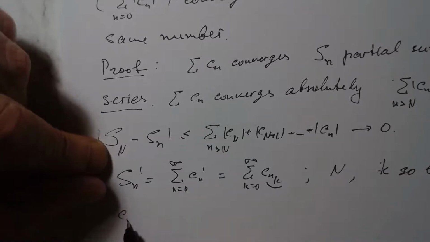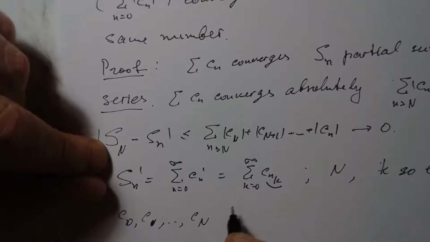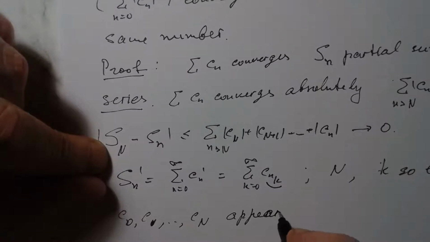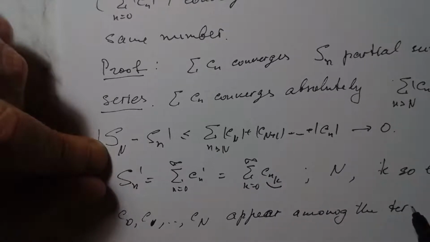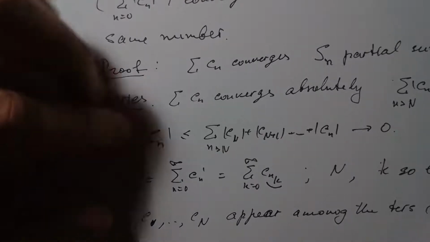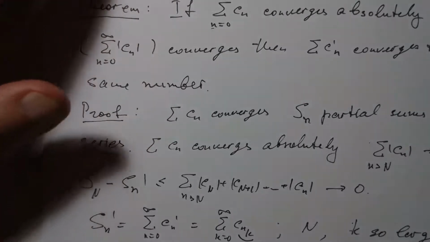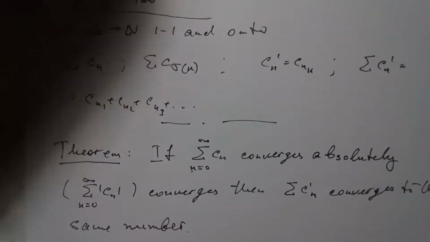So I want to choose k so large that the first n terms of the series, C_1, etc., C_n, appear among the terms C_{n_1}, etc., C_{n_k}. Okay, so let me pause for a second. Look what's happening.